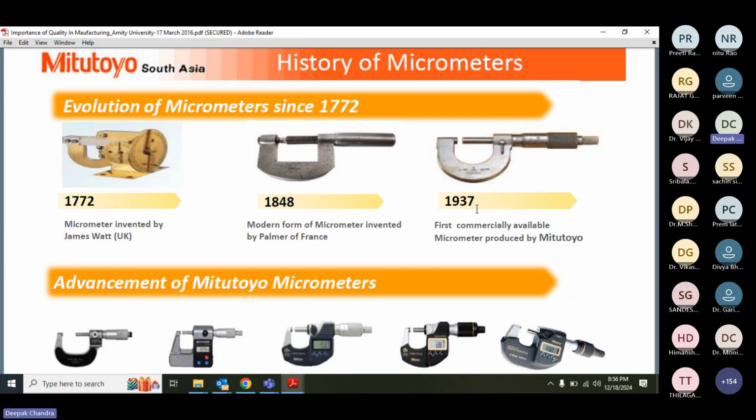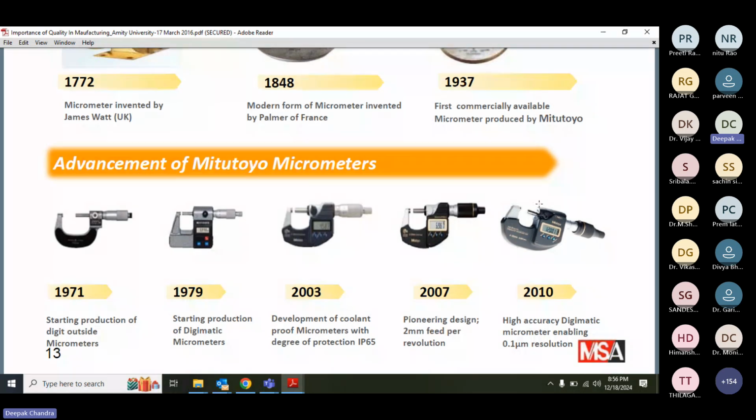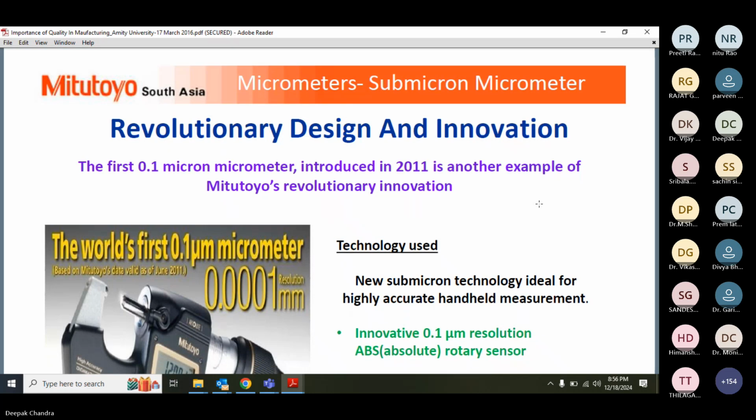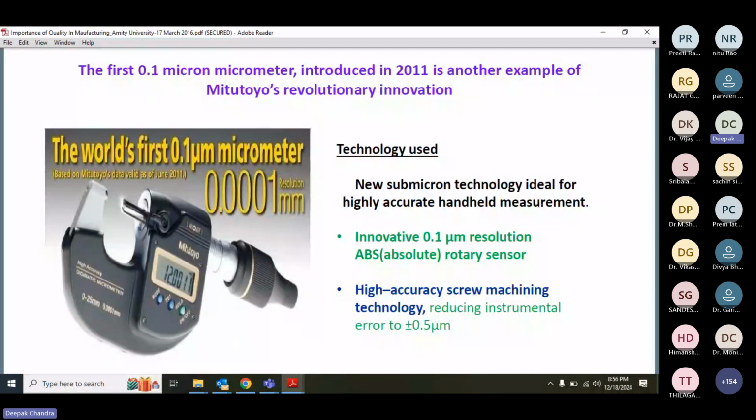Before Mitutoyo, there was no micrometer for commercial use, meaning industrial use. Mitutoyo developed it for industrial use. And from there, we evolved to such advanced technology micrometers. And this is a very advanced micrometer. Currently, most of the customers, most of the industry uses such micrometers.